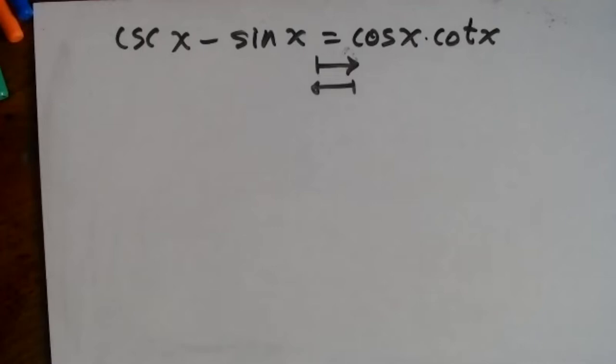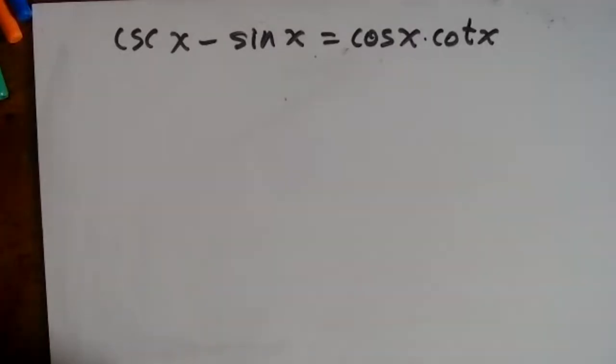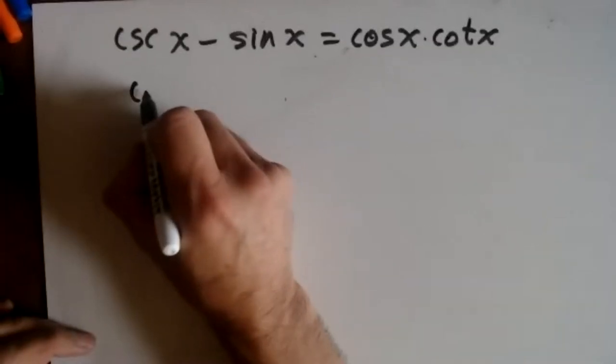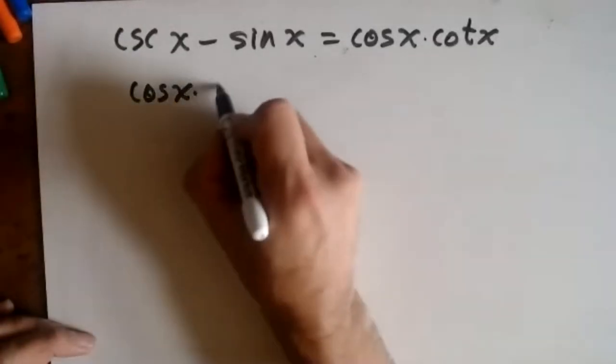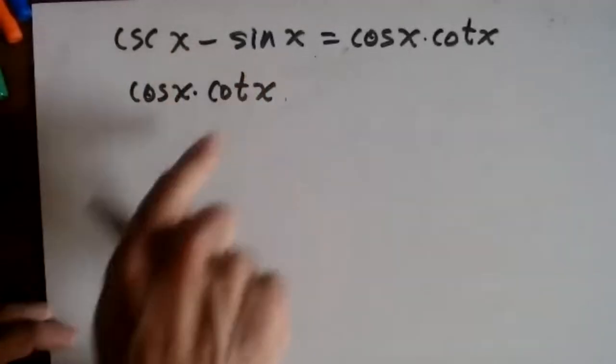Alia, you want cosecant x minus sine x, or begin with cosine cotangent? Cosine cotangent? Okay. Let's begin with this one, cosine x times cotangent x.